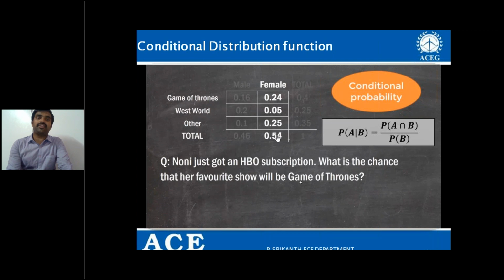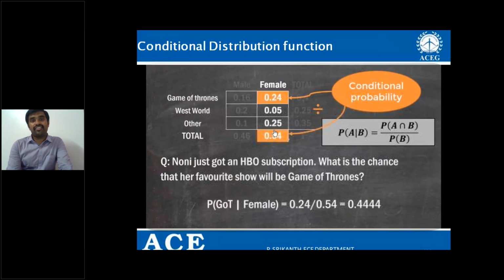The probability of subscription is 0.54. But out of that, what is the condition here? After female, the subscription is of the Game of Thrones show or movie. So that is the probability of Game of Thrones when female is subscribing. It becomes 0.24 by 0.54.